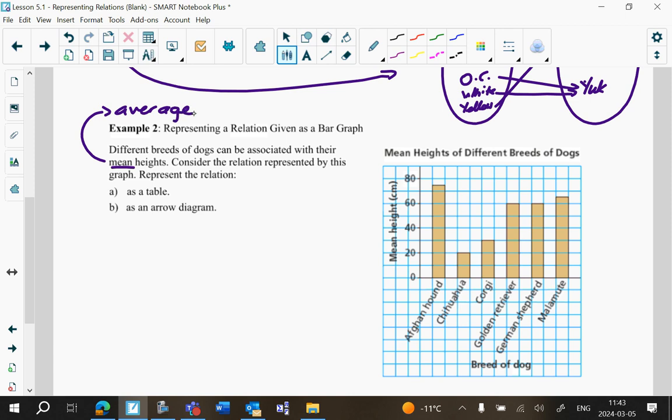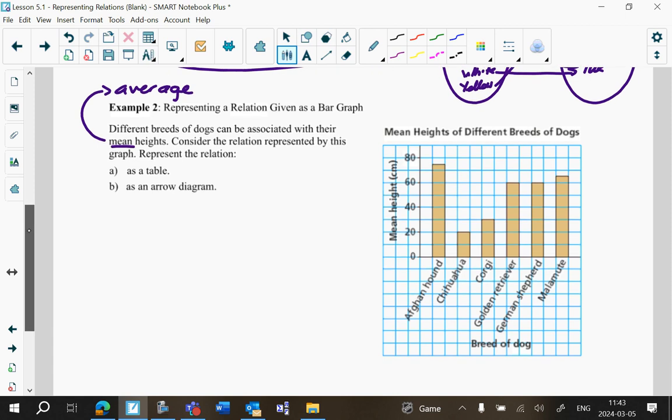In statistics, we use the word mean to describe average. So, dog breeds, 6 dog breeds associated with their average heights. And we want to do it as a table. So we're given a graph. We want to convert it to a table, and we want to then convert it to an arrow diagram. So we've got to be able to read the graph.